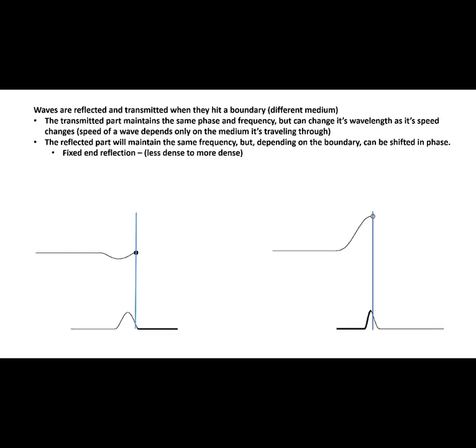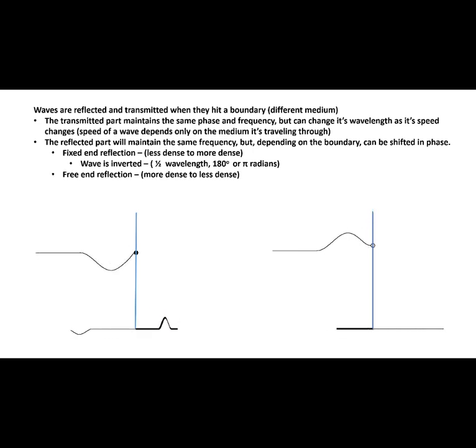If you have a boundary where you're going from less dense to more dense material, it acts like a fixed end reflection from a rope, and the wave is inverted. Or it has a phase shift of half a wavelength, 180 degrees, or pi radians. If you have the wave going from a more dense to less dense medium, it acts like a free end reflection, in which case the reflected part is not inverted. There is no phase shift.